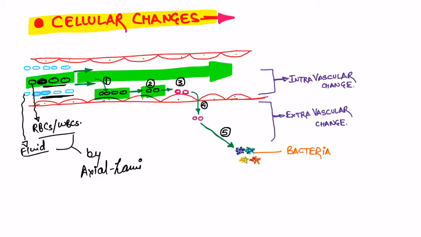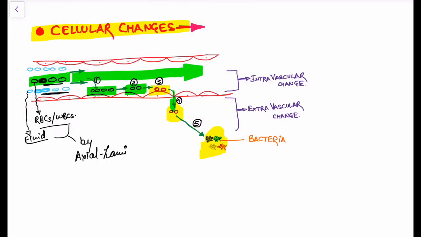And then, to get outside of the blood vessel, they should attach to the endothelial wall, cross the endothelial wall, and come into the extravascular space, where they will go and kill the bacteria. So friends, we are going to differentiate this kind of cellular change into intravascular changes and extravascular changes.